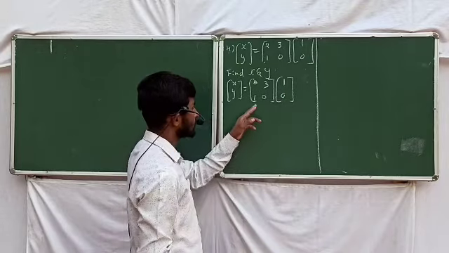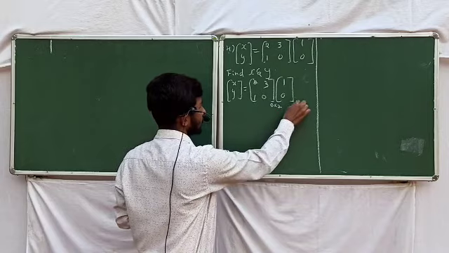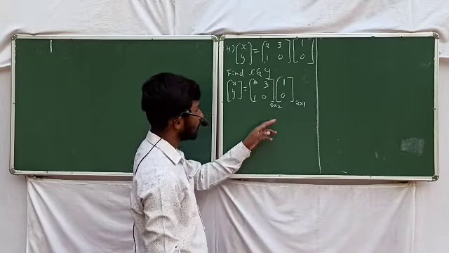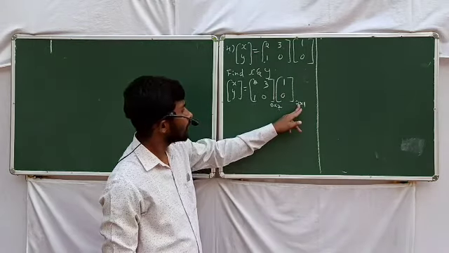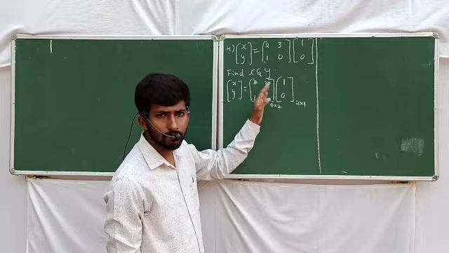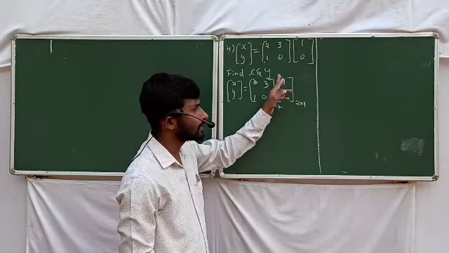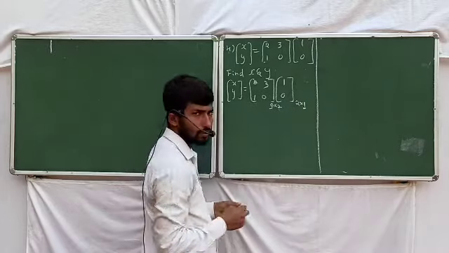What is the order here? Order is equal to 2 by 2, and here the order is equal to 2 by 1. The number of columns of the first matrix is equal to the number of rows of the second matrix, so matrix multiplication is possible. The order of the resultant matrix is equal to 2 by 1.